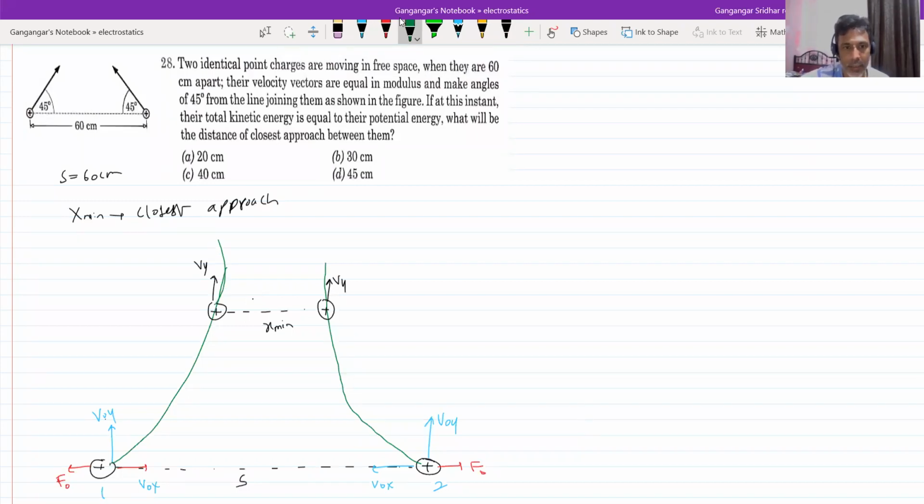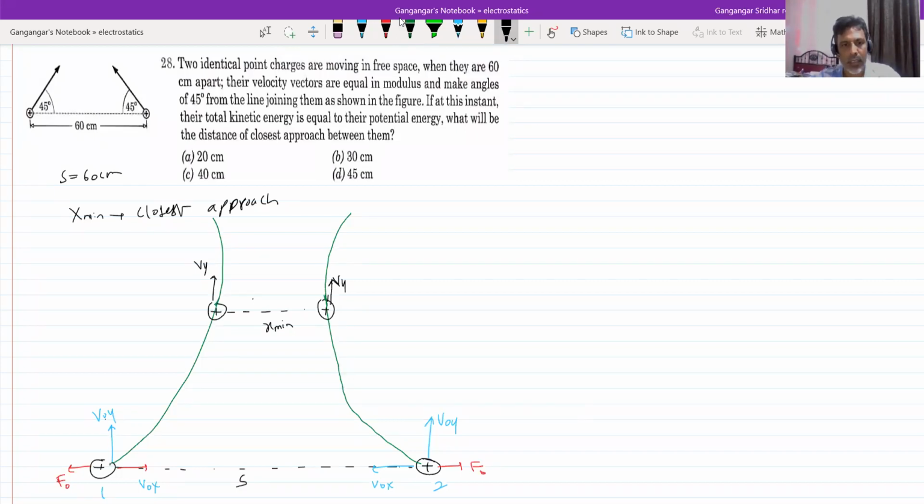Then only you can call this the closest, no? So this x minimum is what I'm taking, the minimum one.